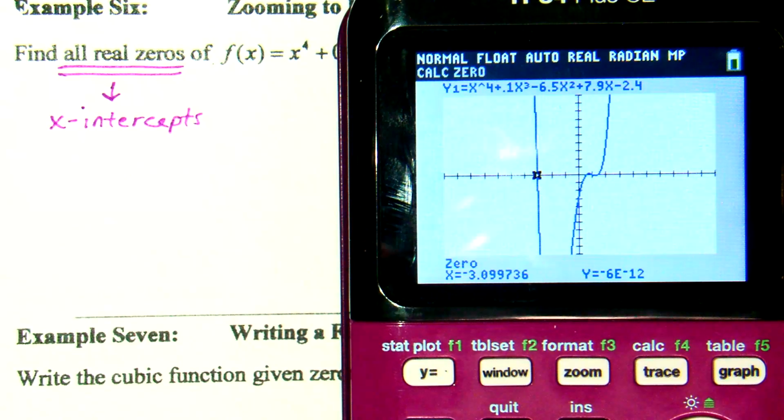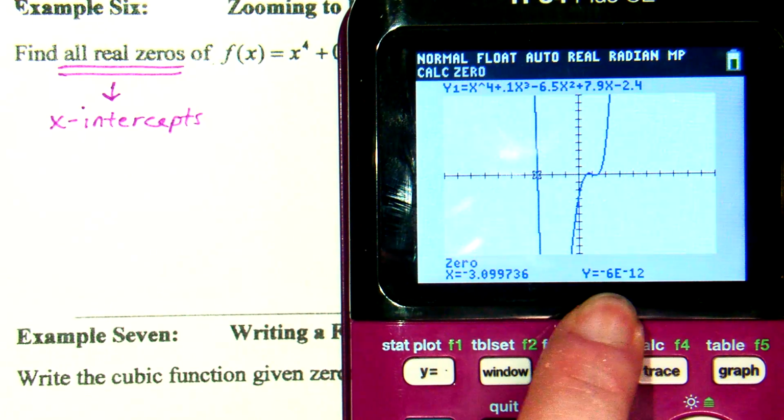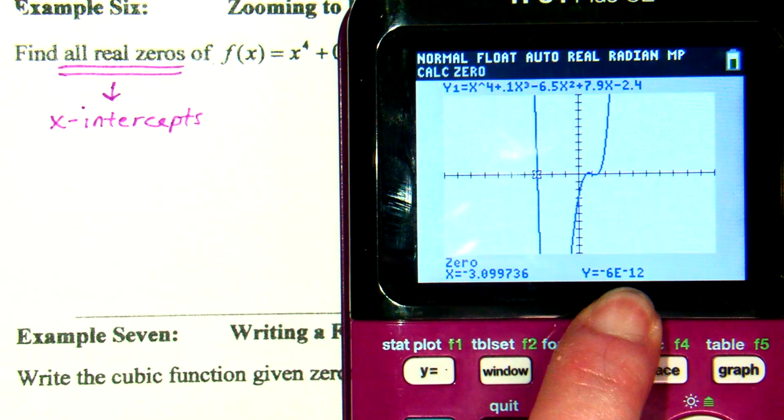Okay, what is my first zero? I have two decimal places, which is -3.1. Now, this is a good teaching moment. My y value came up as -6e-12. What is that equivalent to? 0. That is 0. I saw that in my homework. I just ignored it. Yeah, that is 0, folks.